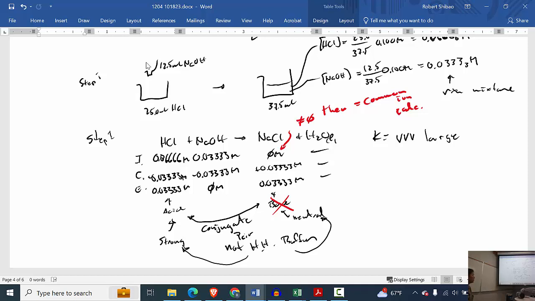But here, this could be a common ion. Okay, now this is a common ion mixture. So we could go to the next step and say, okay, this is a common ion mixture.